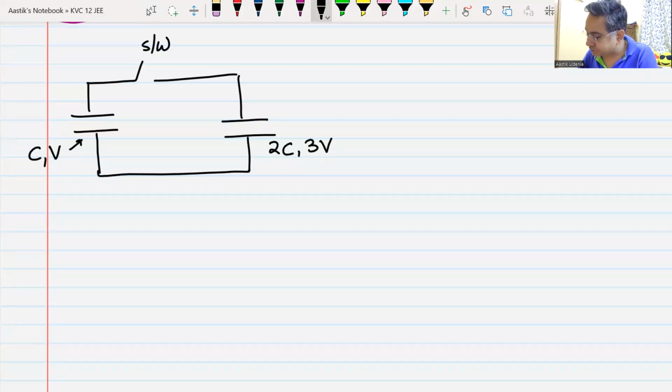This is the switch. This plate is positive and this plate is negative. This plate is positive and this plate is negative. You have to know which plate is positive and negative, otherwise you will not be able to solve it.